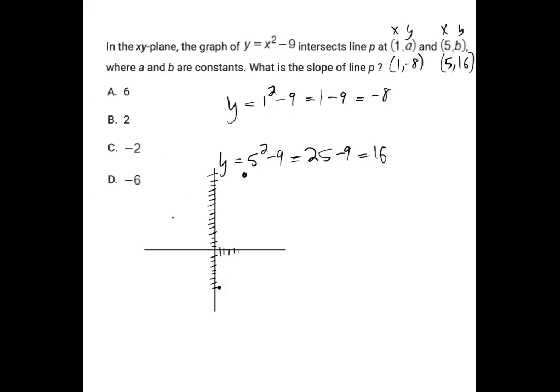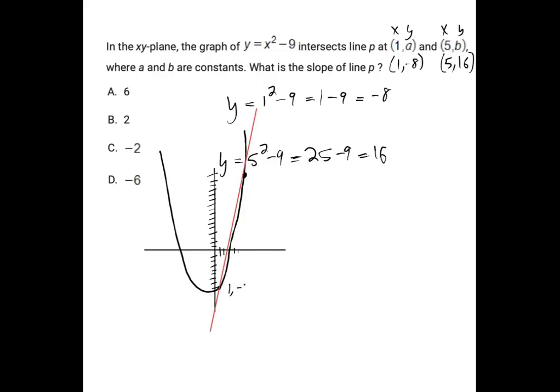So if you just imagine, I mean, this is not necessarily the exact graph of the parabola, but we have a parabola that's kind of curving around something like that. And then we have a line that must be really steep because it's hitting it at those exact 2 points right there. In any case, what we're being asked for is the slope.